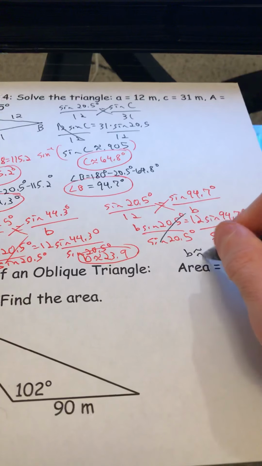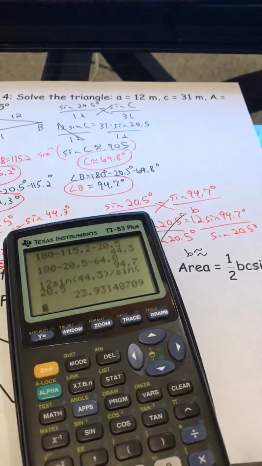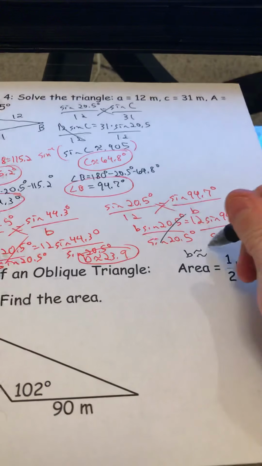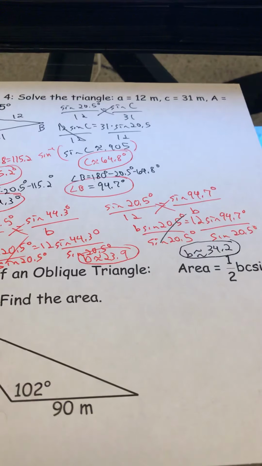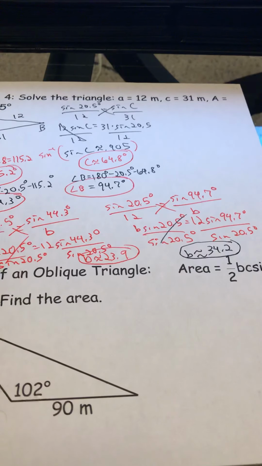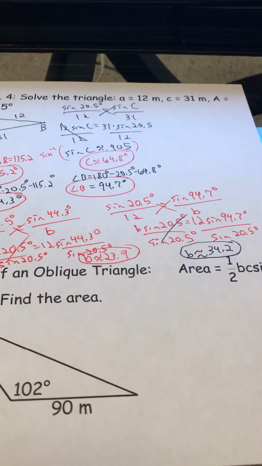And when we do that, you end up with 34.2. So again, as you guys work through the assignments on Pearson, they will tell you specifically how they want you to round things. So just kind of be aware there. Sometimes it will say nearest tenth, sometimes it will say nearest whole number. So just kind of be careful of that.